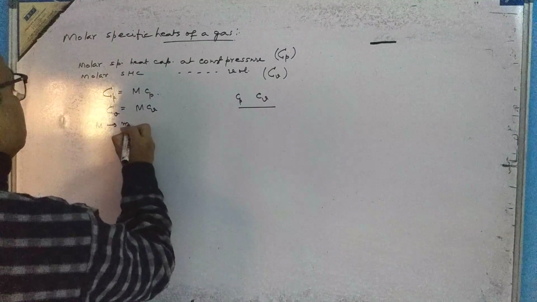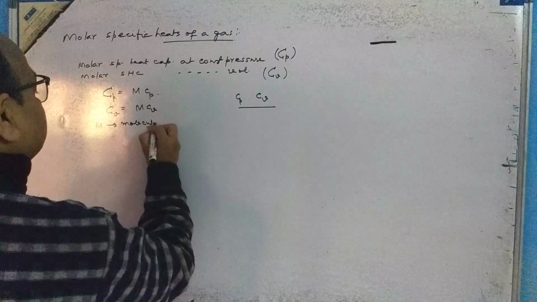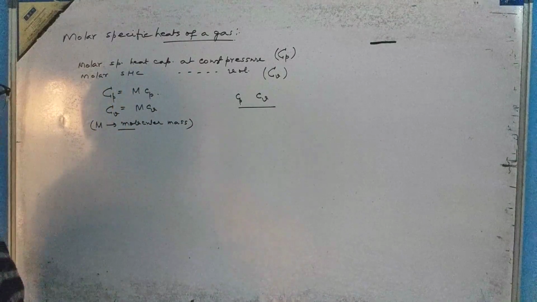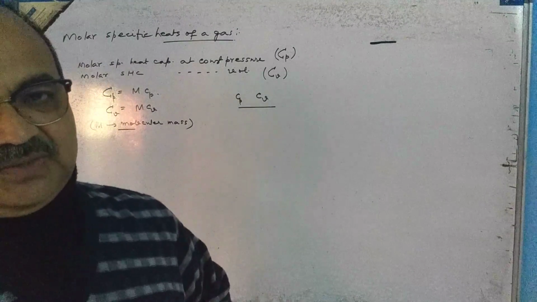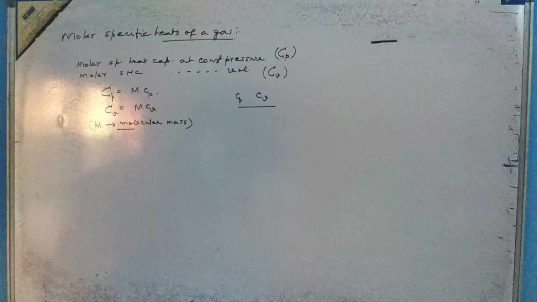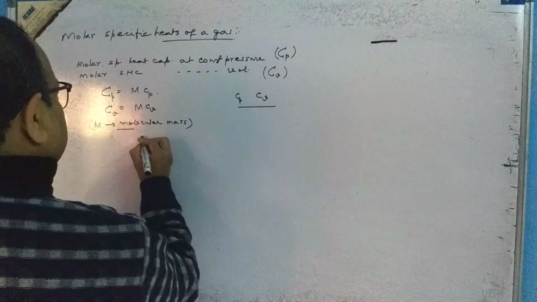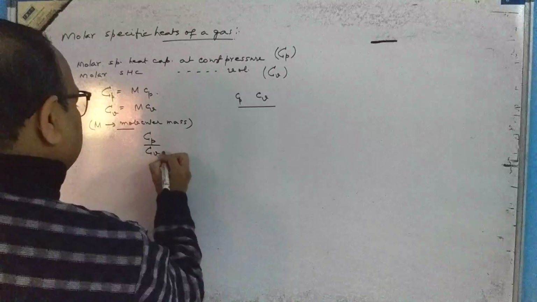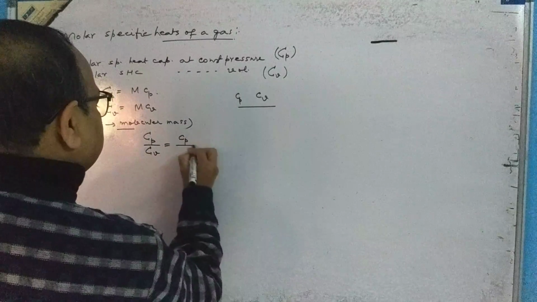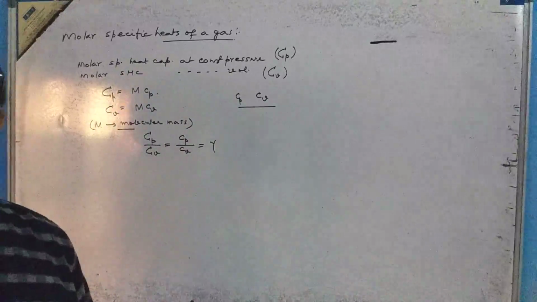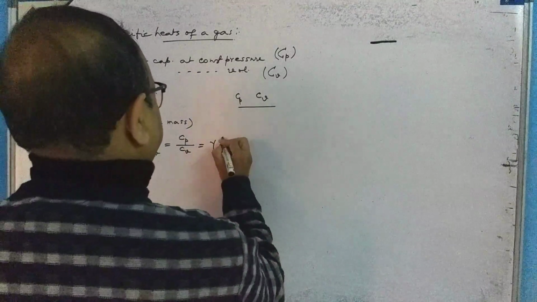M is the molecular mass of the gas. Obviously, capital Cp divided by capital Cv is equal to small cp divided by small cv. It should be equal to gamma, a constant.